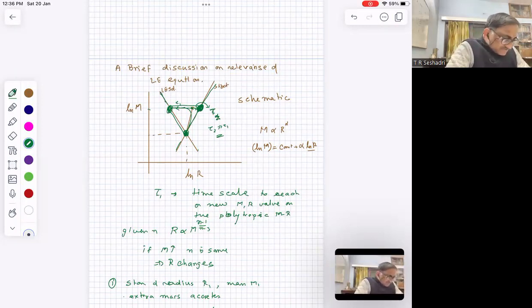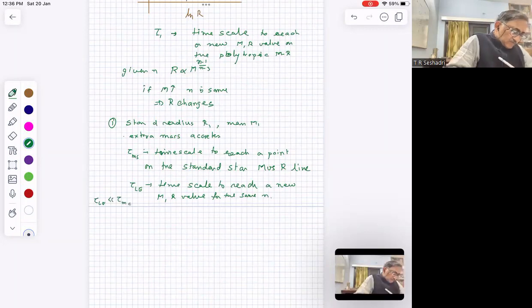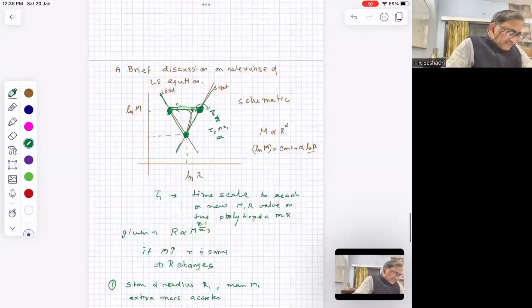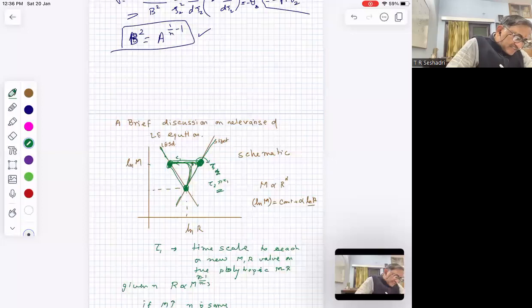Now the question is, where does it go? What happens is, the T_LE is much shorter than T main sequence. So the star doesn't immediately settle down to a new normal star. It first drifts toward a Lane-Emden solution and gradually shifts towards this star, because the time scale taken for it to settle down from here to here is much more than here to here.